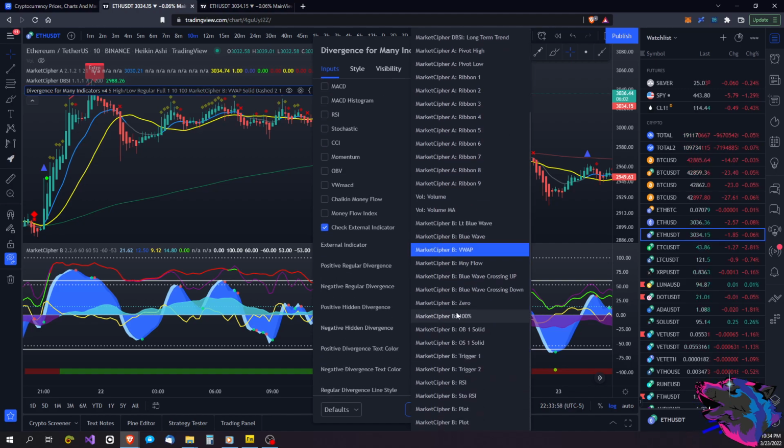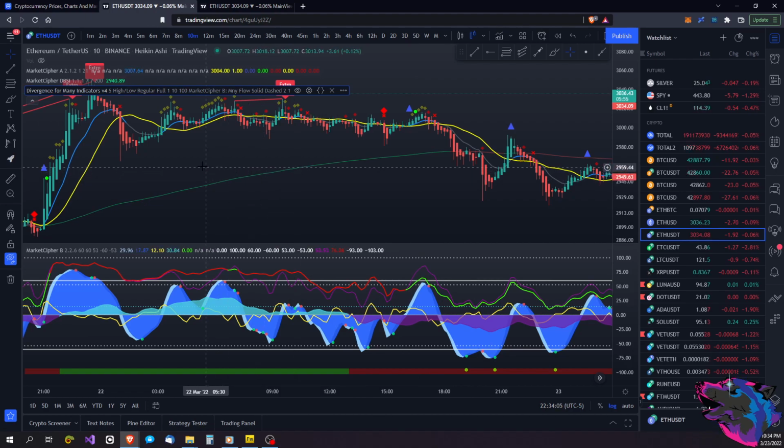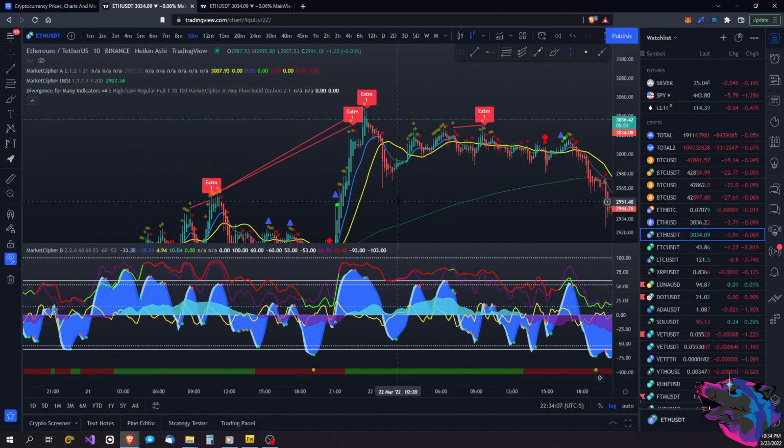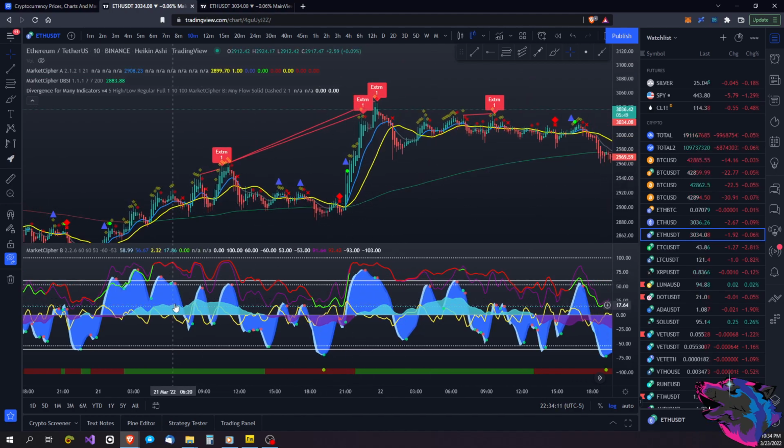And real quick here, let's try the money flow. Let's see how it does with that. Since it's bigger waves, we might get some bigger divergences. So we're saying what, bearish between these two? Yeah, that's right. Saying bearish between both of these sets.